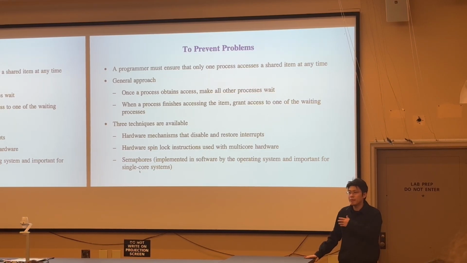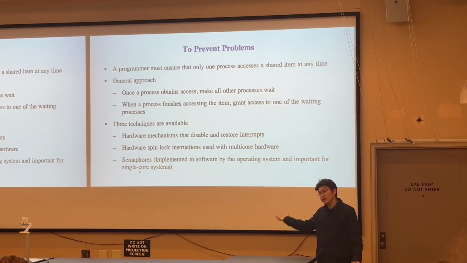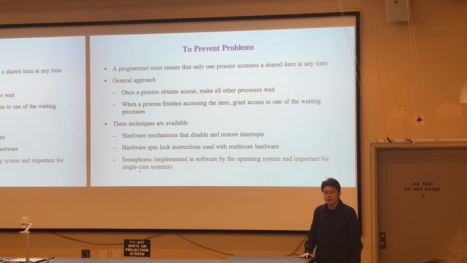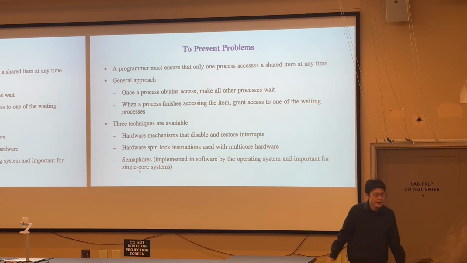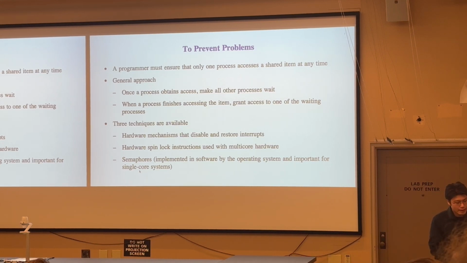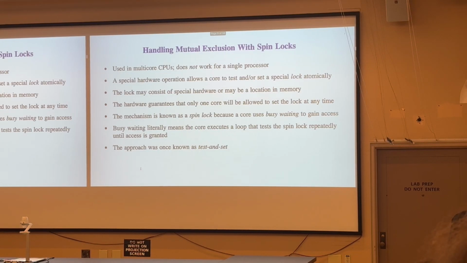A similar thing happens, of course, these are low-level CPU or OS level decisions, but similar analysis needs to be performed when you are implementing higher level user applications. Okay, so that's the high level difference between spin lock and semaphore, but we'll go through each of them slowly.